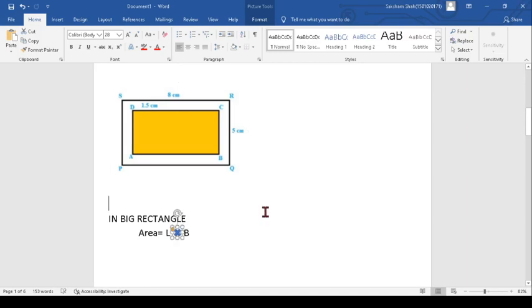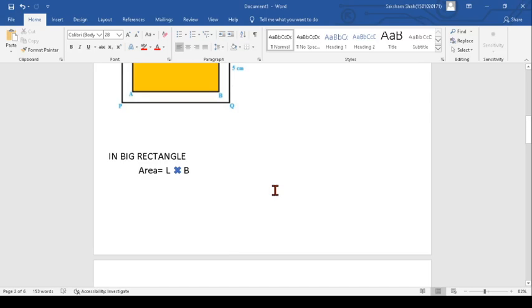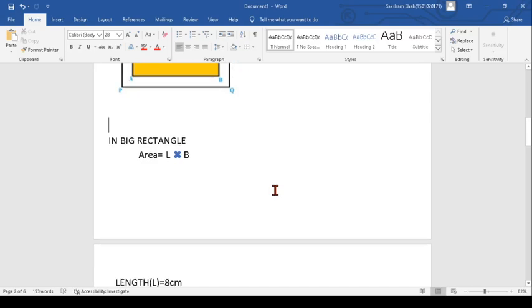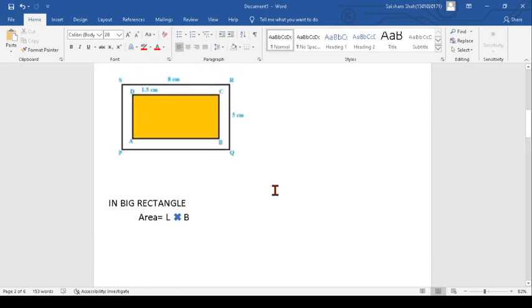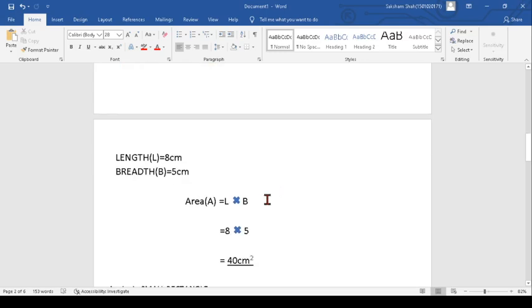So area equals L into B. We know that the formula to find the area of a rectangle is L into B. That's why in the big rectangle, area equals L into B. In our figure, length L is given as 8 cm and breadth B is given as 5 cm, and again we are using the formula L into B, which is the formula of area of a rectangle.